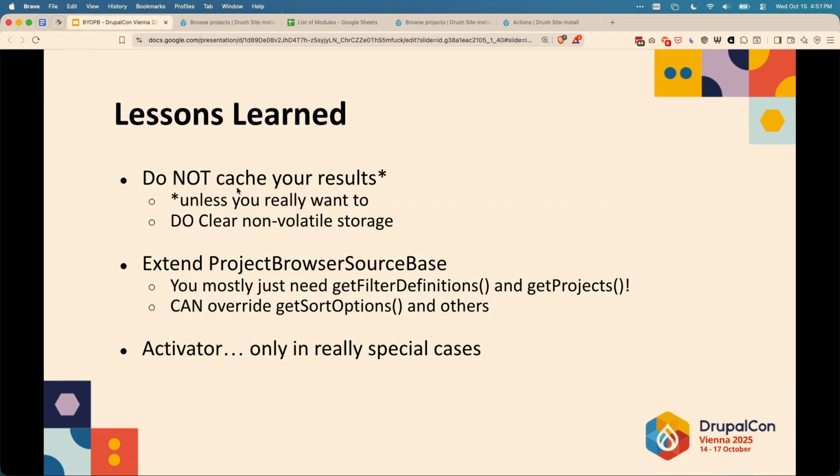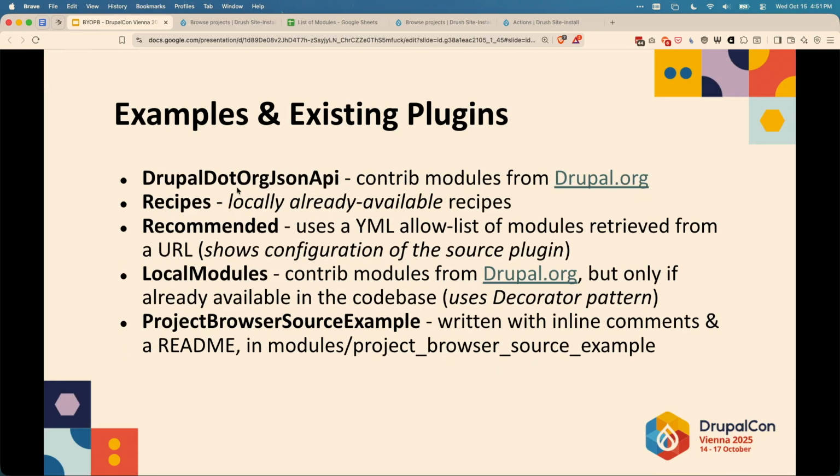Always, that's the one you want to do, and you mostly need get filter definitions and get projects. You can override get sort options and a few others if you want. You don't really need to worry about making an activator unless you're activating a completely different type of project, or there's something incredibly special about your set of modules. I don't know what that would be, but that's it.